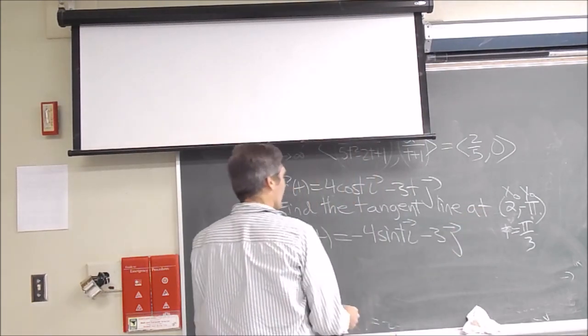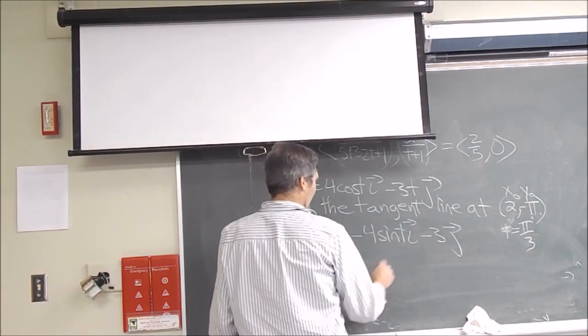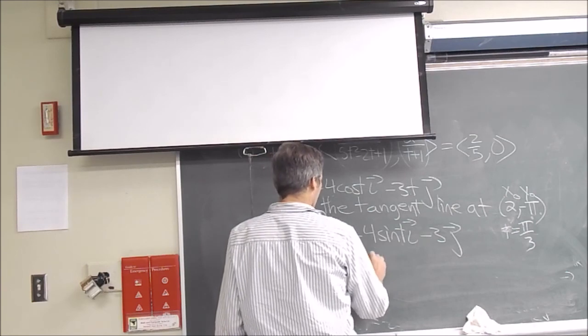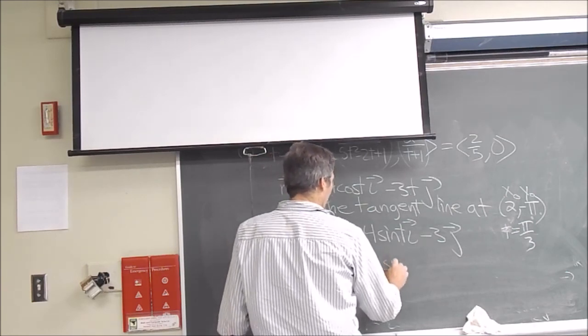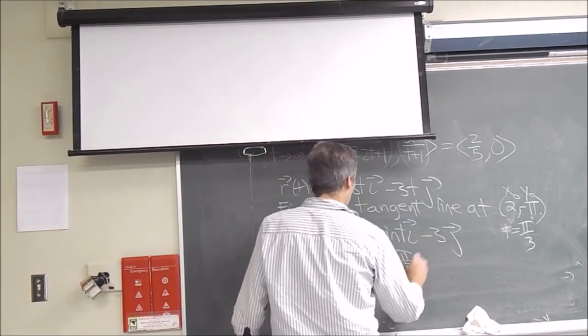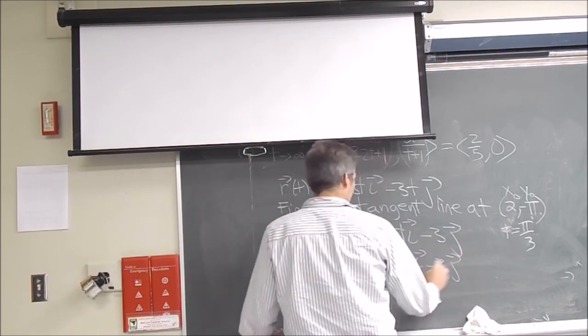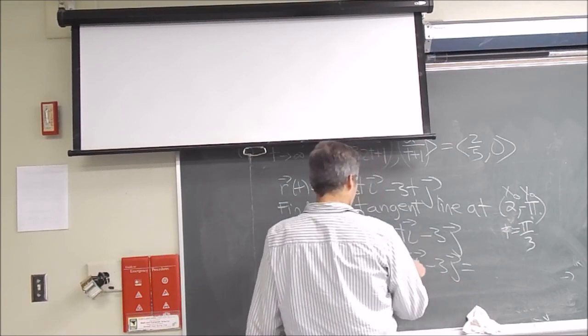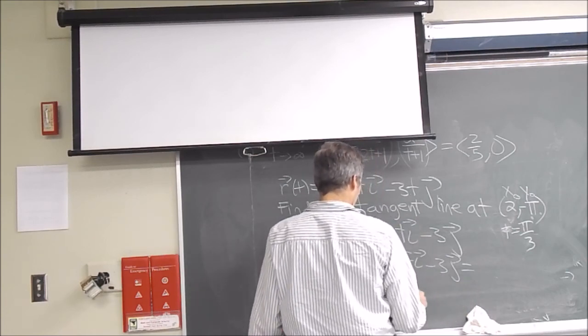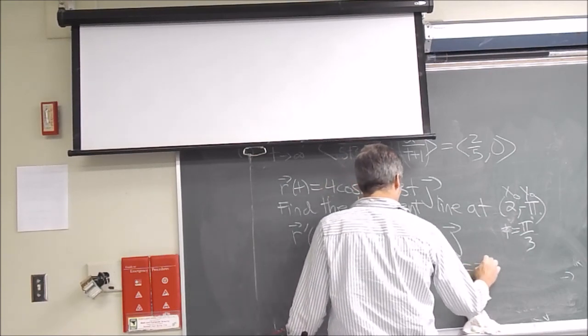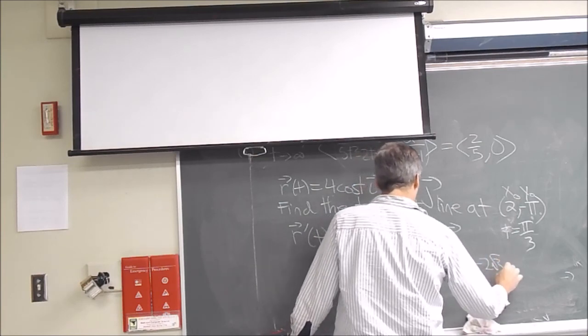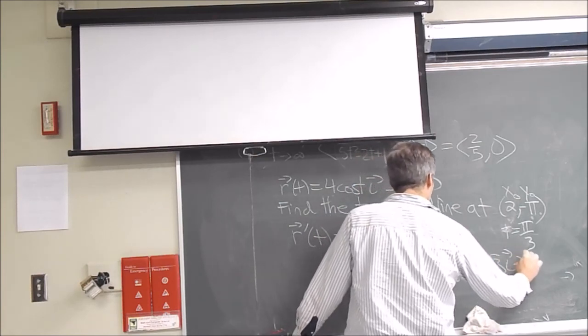All right, so what I have to do to find the direction is plug in t equals pi over 3, and I get minus 4 sine pi over 3 i minus 3j. The tangent vector, sine of pi over 3 being square root of 3 over 2, is minus 2 square root 3 i minus 3j.